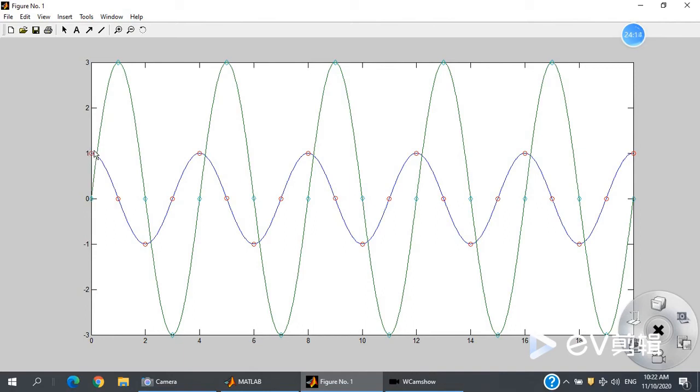At n equal to 0, we have value 1. The input signal is 1. The output signal will occur at time 1, shifted by 1. When time is 1, we have the peak value, and this peak value will be 3 times the input, so it's 3. Then the next value should be 0, right? On the input side, when n is 1, the input signal is 0.